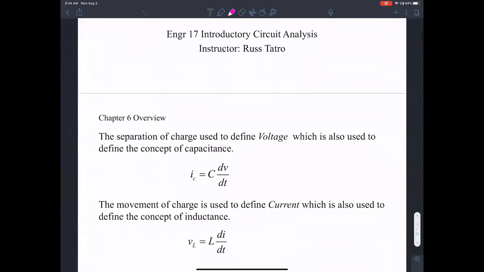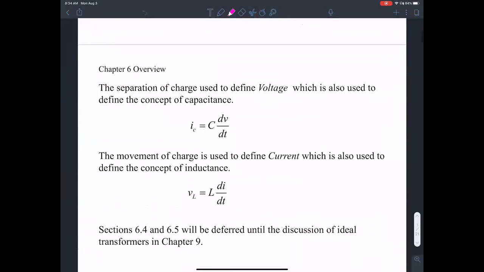All right, what is inductance and capacitance? Earlier, I mentioned that in electricity, separation of charge manifests as voltage, and movement of charge manifests as current. So all of electricity and electronics is just an artifact of charge.